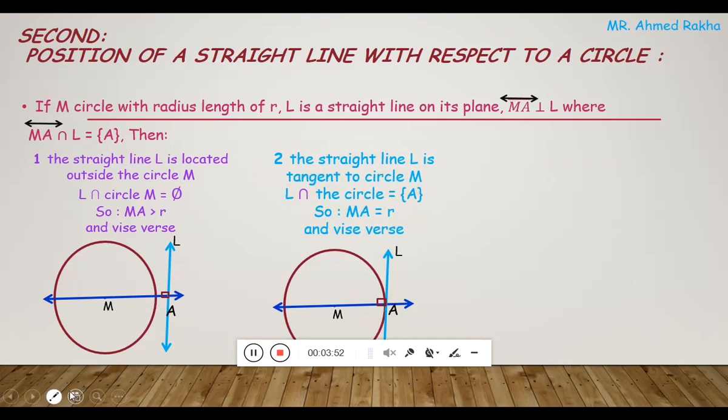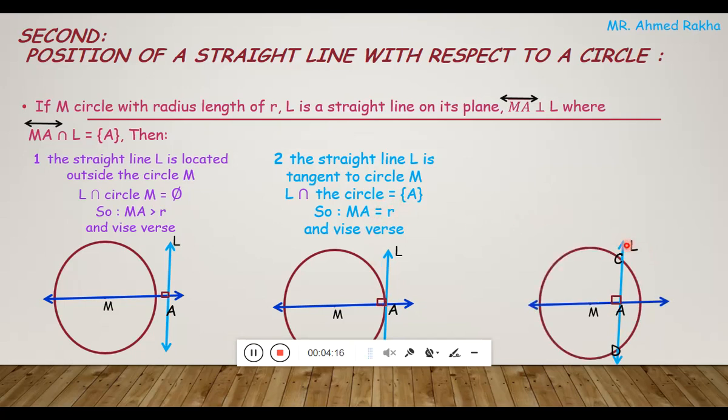It's an important word. We will use it in many situations. L intersects the circle at A. Here we have only one point of intersection. So MA equals R. The length of MA equals the length of the radius R.